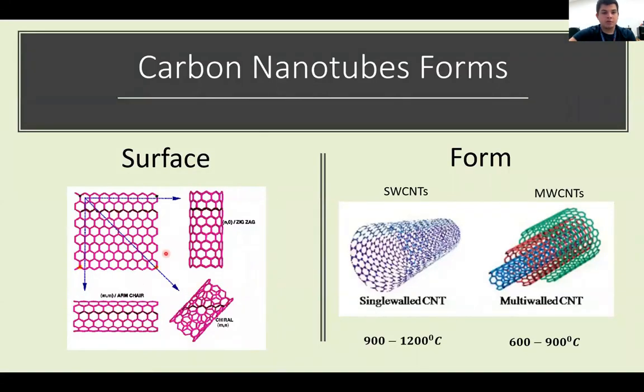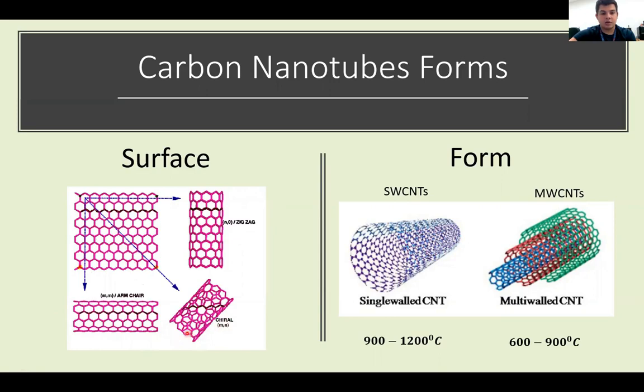The resulting carbon nanotubes could have different forms with respect to their surface structure. The surface structure could be an armchair structure, where the hexagonal forms are located side by side along the carbon nanotube axis.